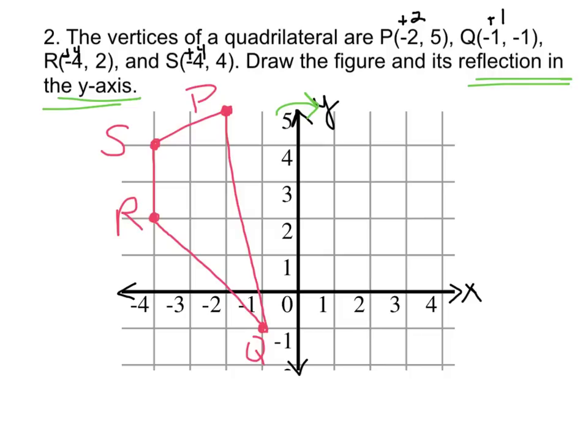So if I graph them, P would become +2, +5, so that'd be P prime. Q becomes +1, -1, so right 1 down, so Q prime. R becomes +4, 2, so that'd be R prime. And S becomes +4, 4, so that'd be S prime.